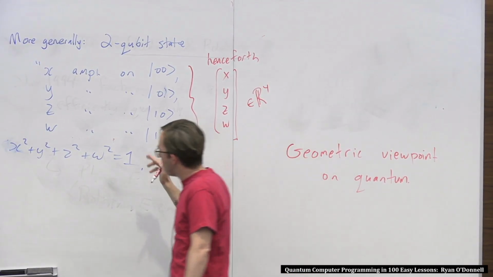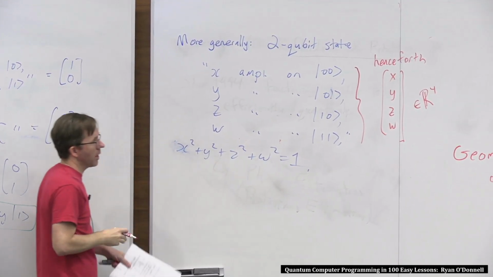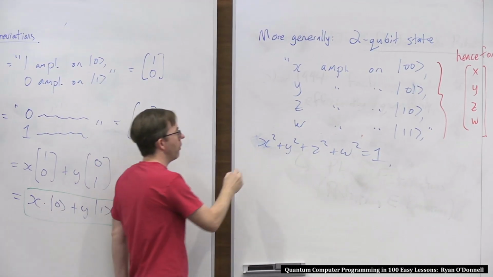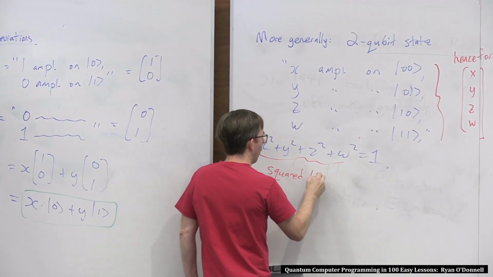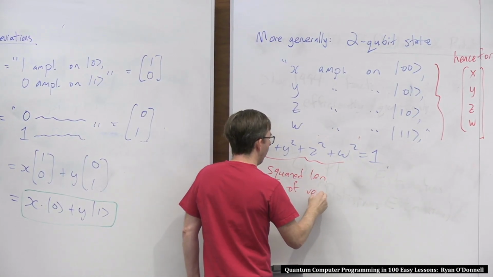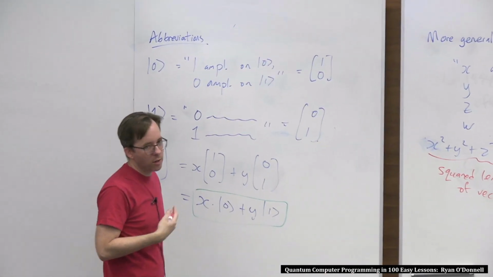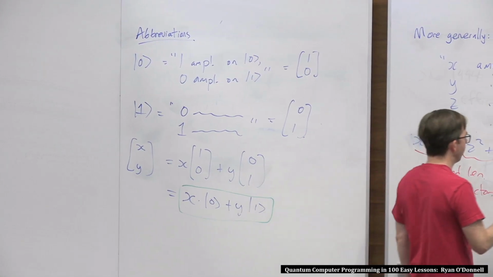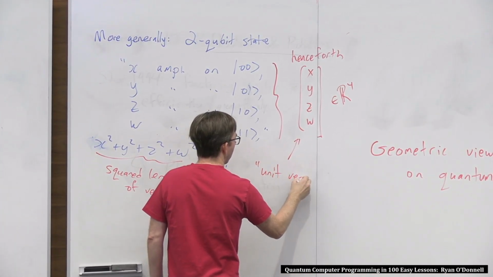And again, the Pythagorean theorem in 4 dimensions says x squared plus y squared plus z squared plus w squared is the squared length of this vector. And if the squared length is 1, that means the length itself is 1. So again, this is a unit vector, a length 1 vector.